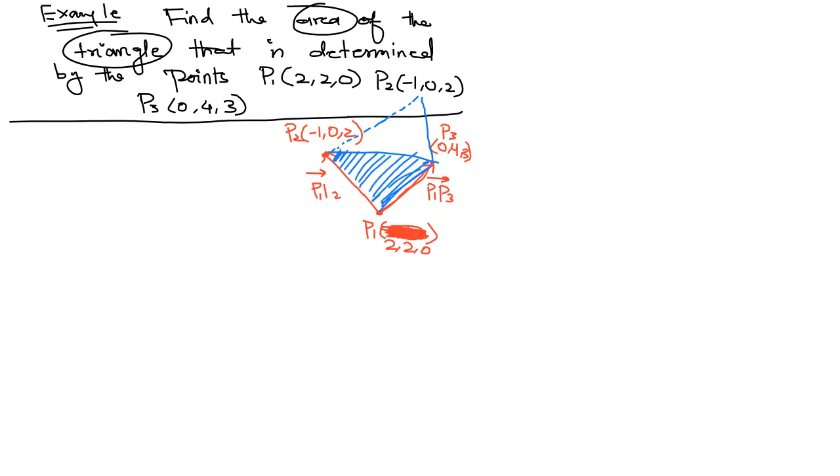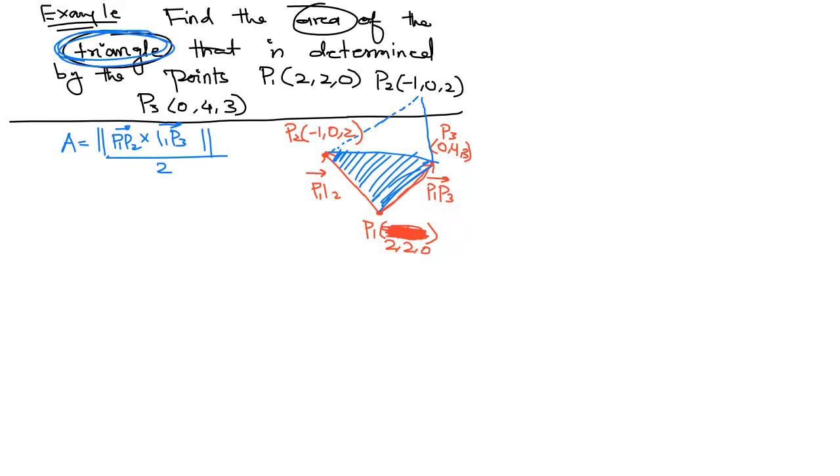The complete area is equal to the mod of the cross product of two vectors, P1, P2 vector cross P1, P3 vector. This is for the area of the parallelogram, but we need the area of the triangle, so that means divided by 2.